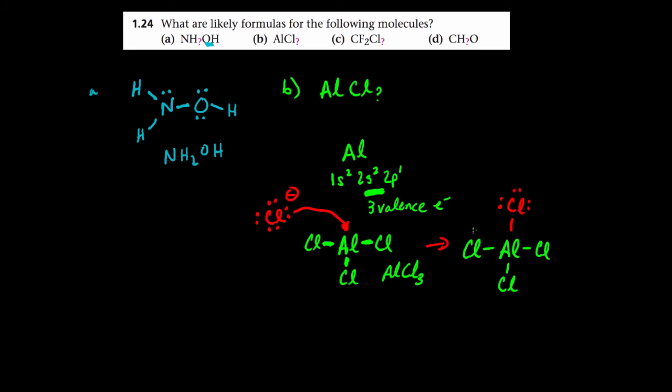I'll put the lone pairs on just so we can always remind ourselves that for the halogens, we're dealing with 7 valence electrons. So each chlorine has 2, 4, 6 from the lone pairs, and then 1 contributing 1 electron into each bond. So 2, 4, 6, and then 7 contributing to this bond with aluminum. And the same goes with all of the other chlorine atoms around this molecule. And then we're missing one thing, which is the formal charge here.